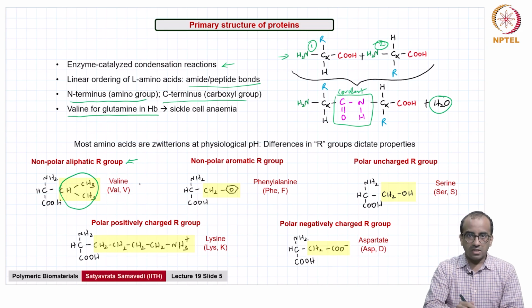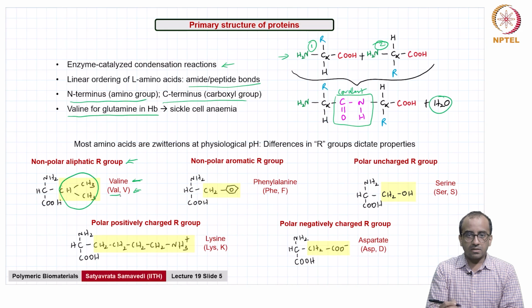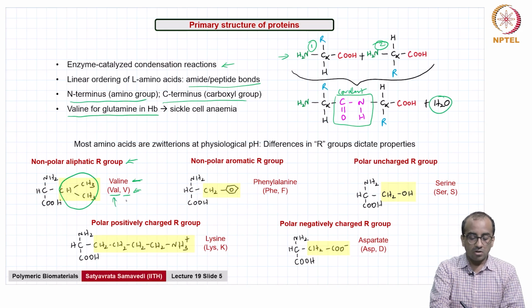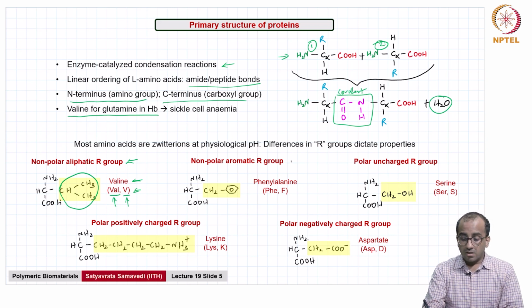There are at least 3 ways to designate amino acids. One is of course the full name, in this case valine. The other is a 3-letter abbreviation, VAL, or a 1-letter abbreviation, which is V. Very often, when protein primary structures are written, either the 3-letter or the single letter abbreviations are used. You can also have a non-polar aromatic R group.